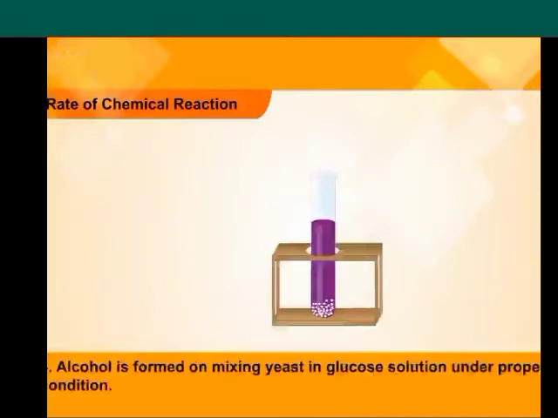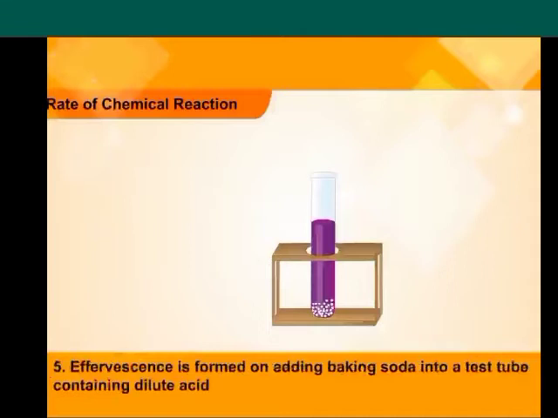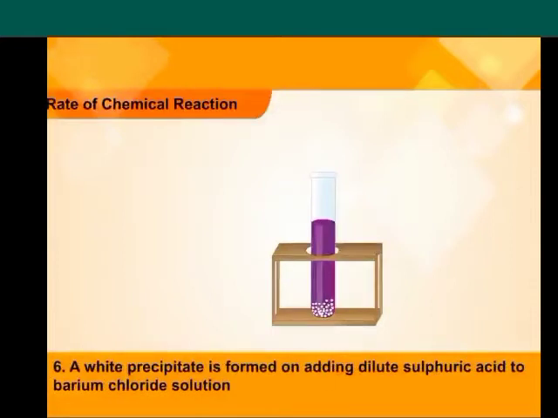Alcohol is formed on mixing yeast in glucose solution under proper condition. Point number 5. Effervescence is formed on adding baking soda into a test tube containing dilute acid. Point number 6. A white precipitate is formed on adding dilute sulfuric acid to barium chloride solution.